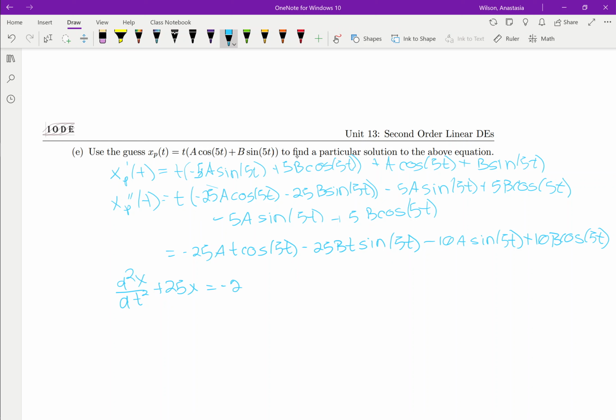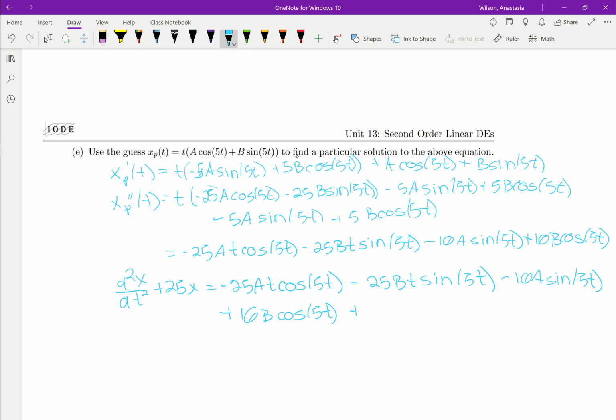So that's a negative 25a cosine of 5t minus 25b sine of 5t minus 10a sine of 5t plus 10b cosine of 5t. That's all just our second derivative.